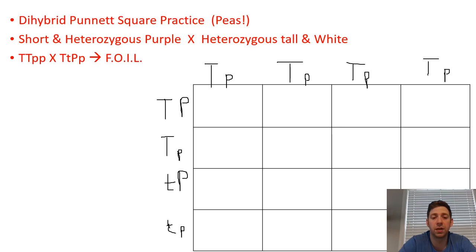Okay, again, same deal. I would pause the video here, try your best to fill in all 16 squares and then fill out the genotype and phenotype ratios.